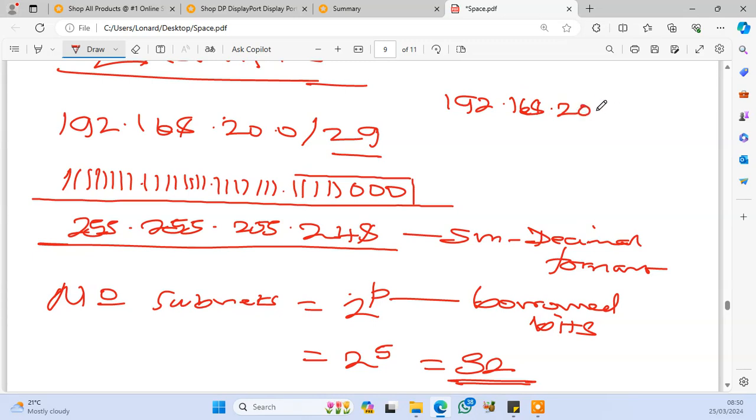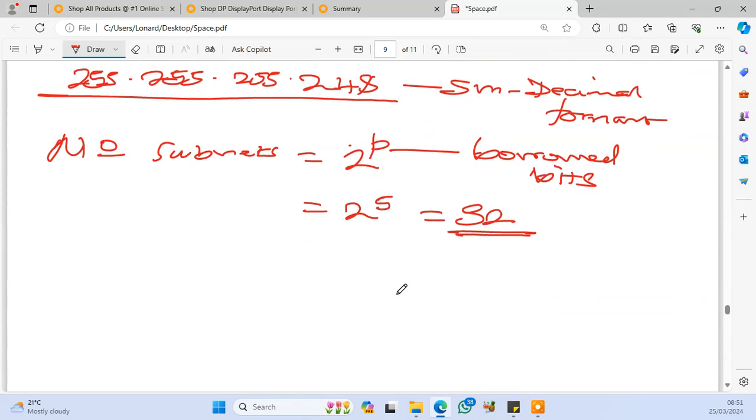In 192.168.20, this range, from 0 up to 255, we shall be able to come up with 32 different subnets or groupings. That is what it means. So now that we have 32 different subnets, how many IP addresses are going to be in each subnet?